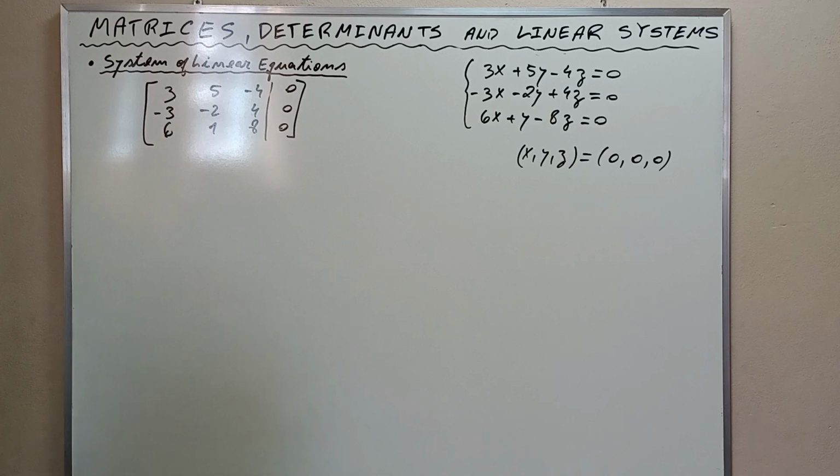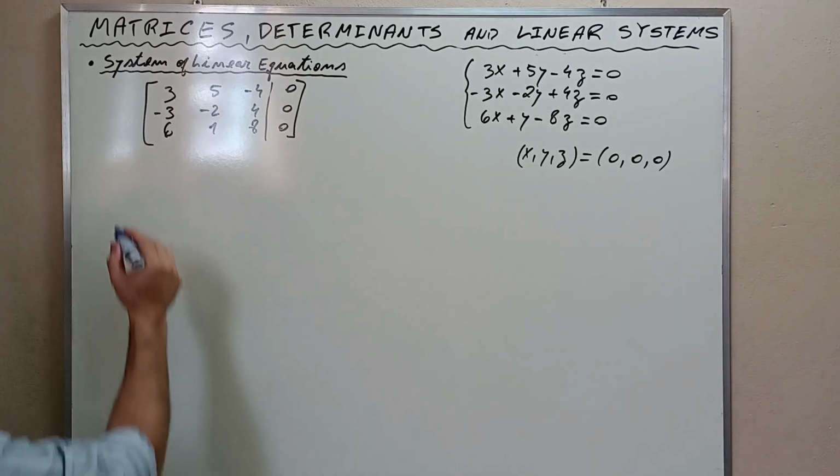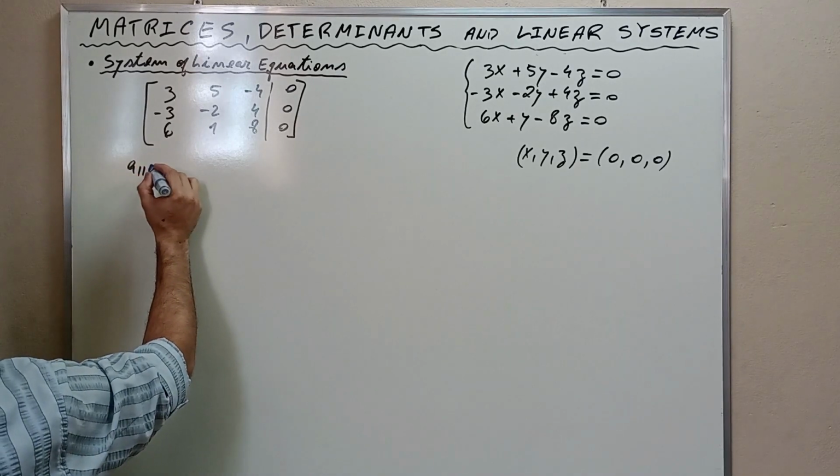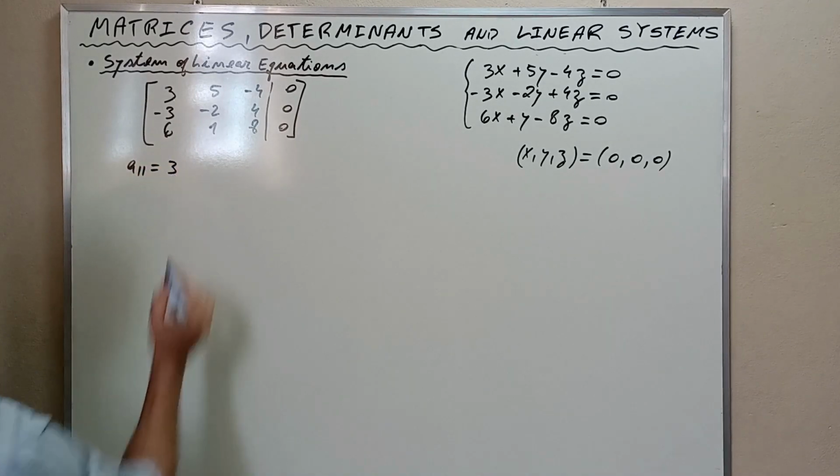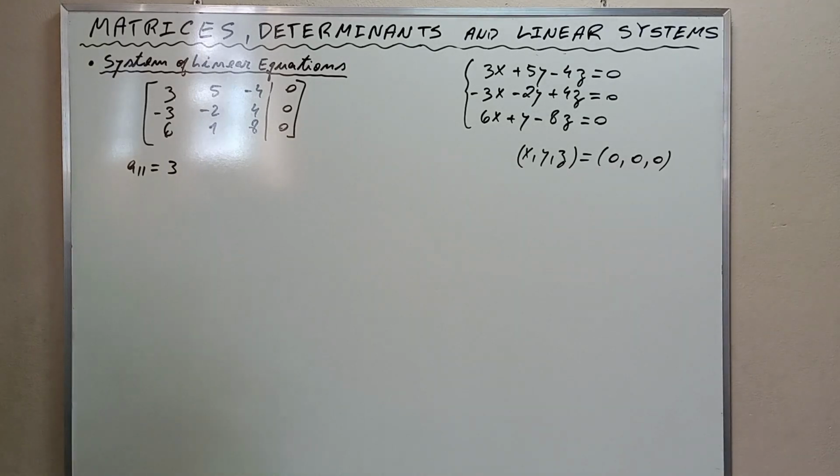Okay, this is the augmented matrix. We are going to use A11 equal to 3 as our pivot, and we are going to seek to place zeros below it. Okay?